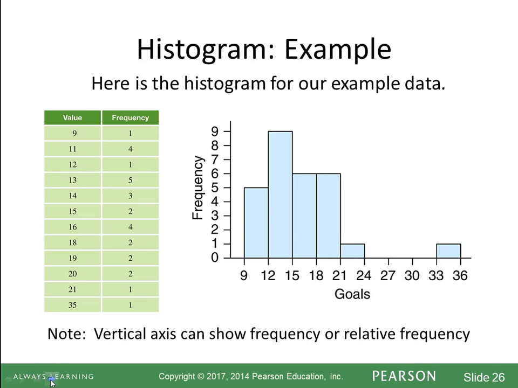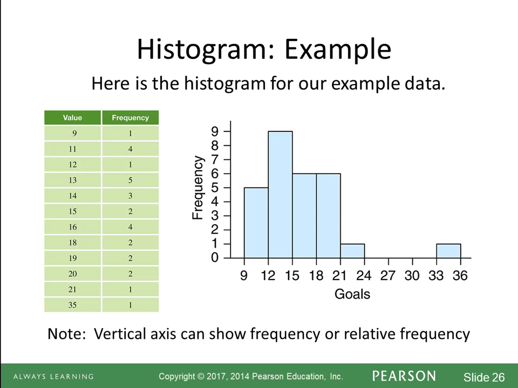And the first value in each bin can be recorded on the horizontal axis. Sometimes it is the midpoint that is recorded on the axis. And the height of the rectangle corresponds to the count.